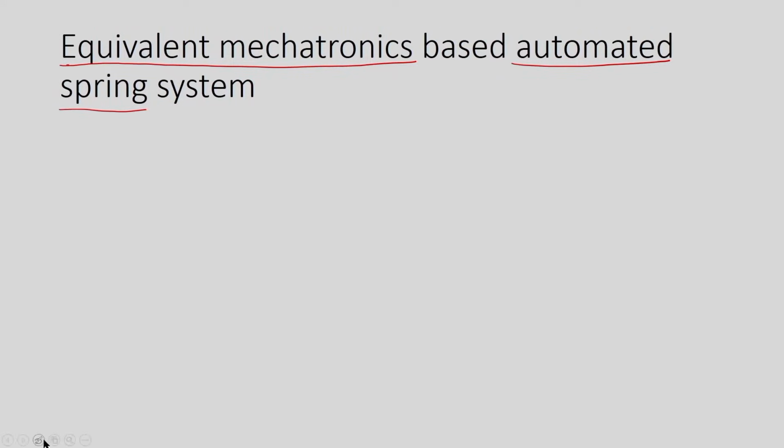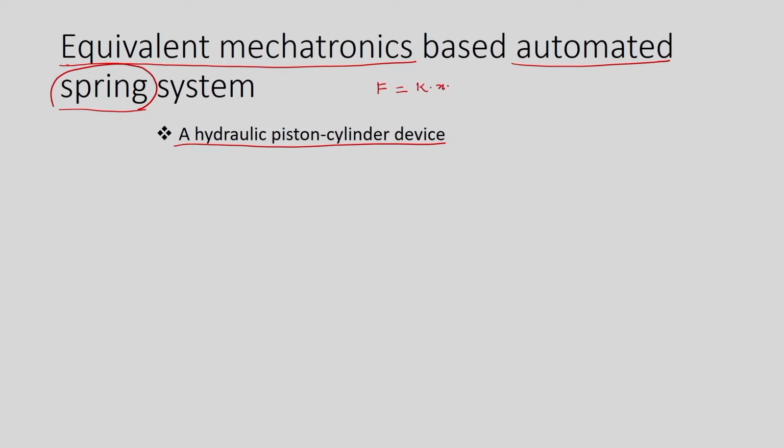For this purpose I am considering a hydraulic piston cylinder device. As you have seen in the spring, we have to mimic Hooke's law, that is F is equal to K into X. Whenever we apply a certain force, we get the displacement. So, to have an automated system, here I am taking a hydraulic piston cylinder device.